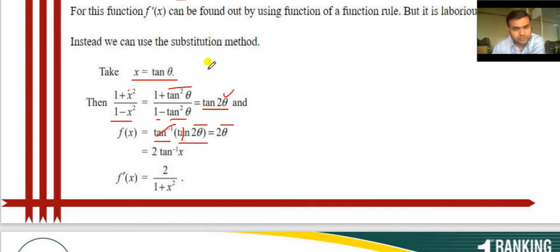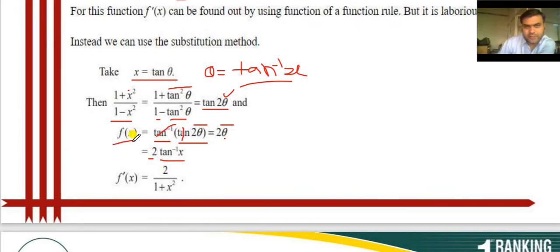When x is equal to tan theta, then theta is equal to tan inverse x. So in place of theta, we write tan inverse x. Now we differentiate this function f(x) very easily.